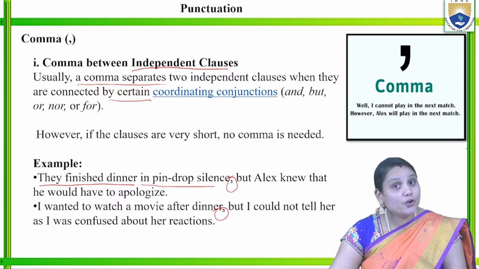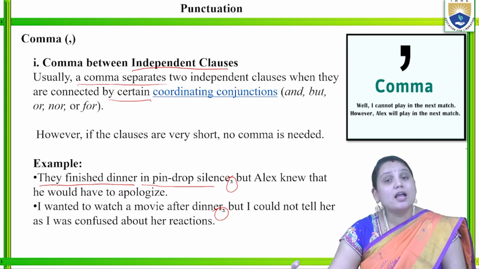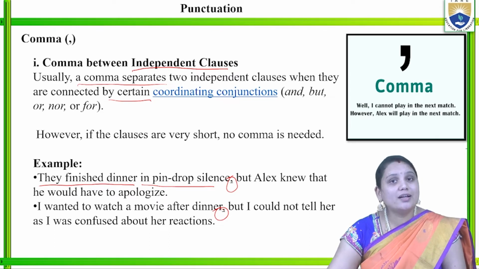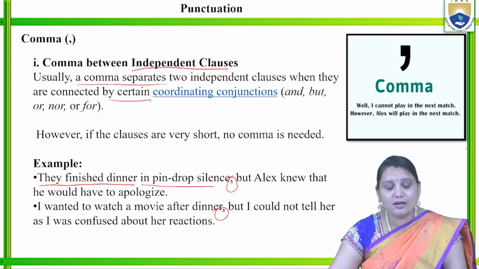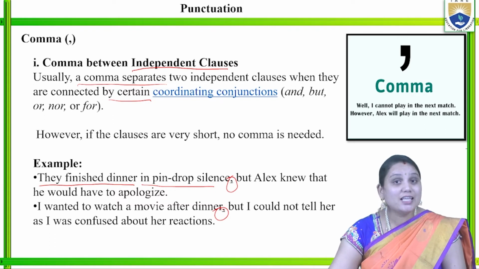So, with the effect of using one comma, you can very nicely show the description, render the meaning which is needed for that particular sentence. We will try to read it once again with the usage of the comma. I wanted to watch a movie after dinner, but I could not tell her as I was confused about her reactions. See the way?